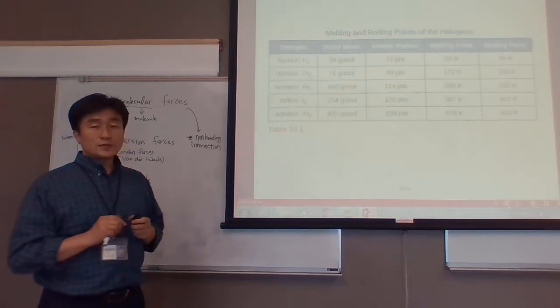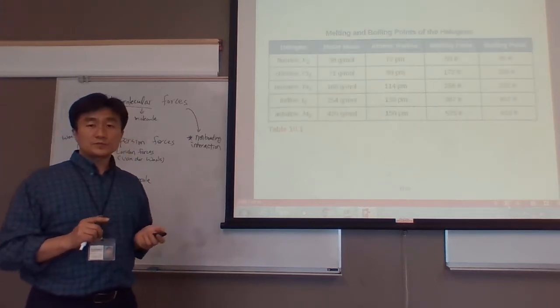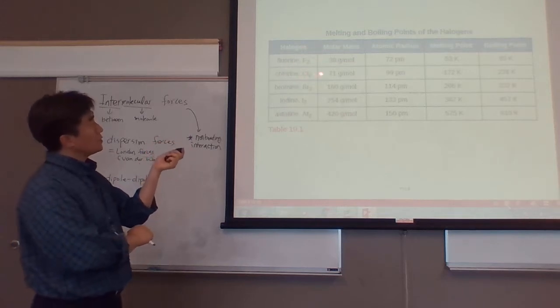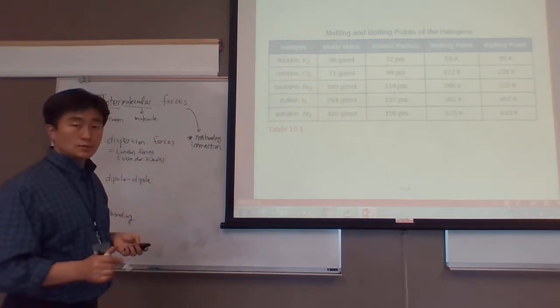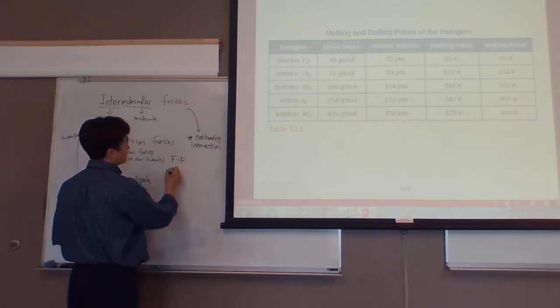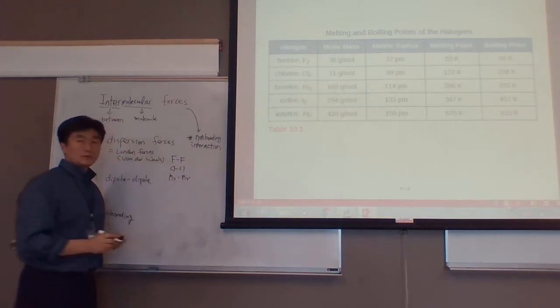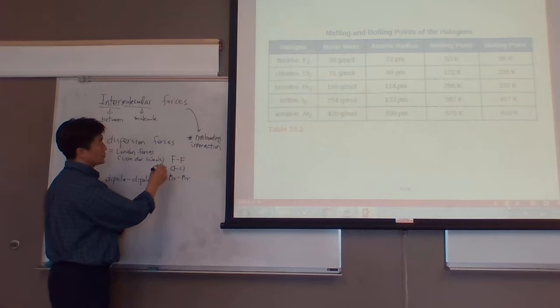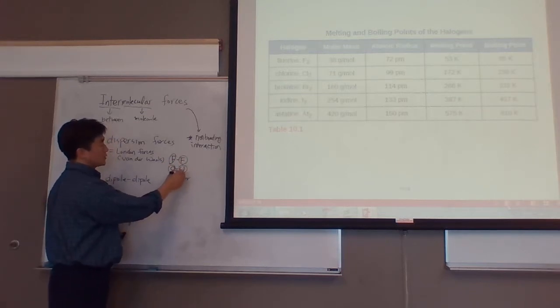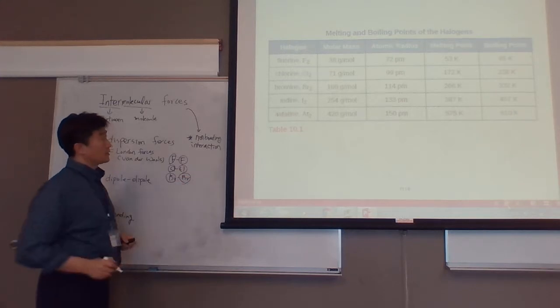The next slide shows the effect of dispersion force. These are the halogen atoms: fluorine, chlorine, bromine. This is the molecular structure of these molecules. You can see these molecules are non-polar.